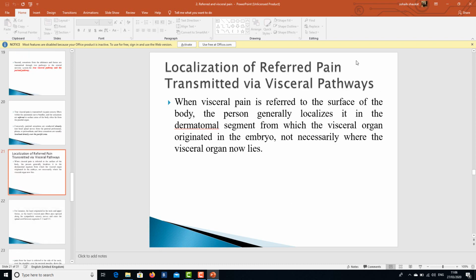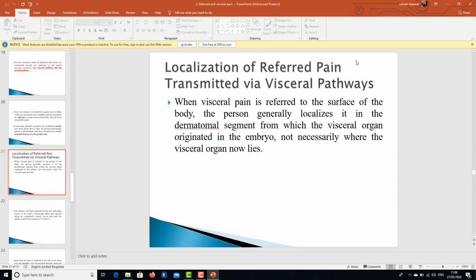Now, localization of referred pain transmitted via visceral pathways. When the visceral pain is referred to the surface of the body, the person generally localizes it in the dermatomal segment from which the visceral organ originated in the embryo, not necessarily where the visceral organ now lies.